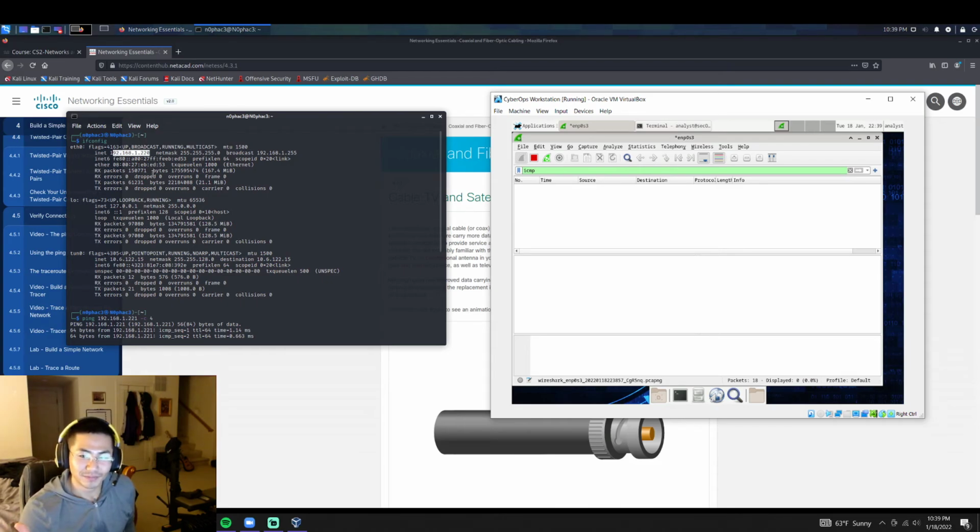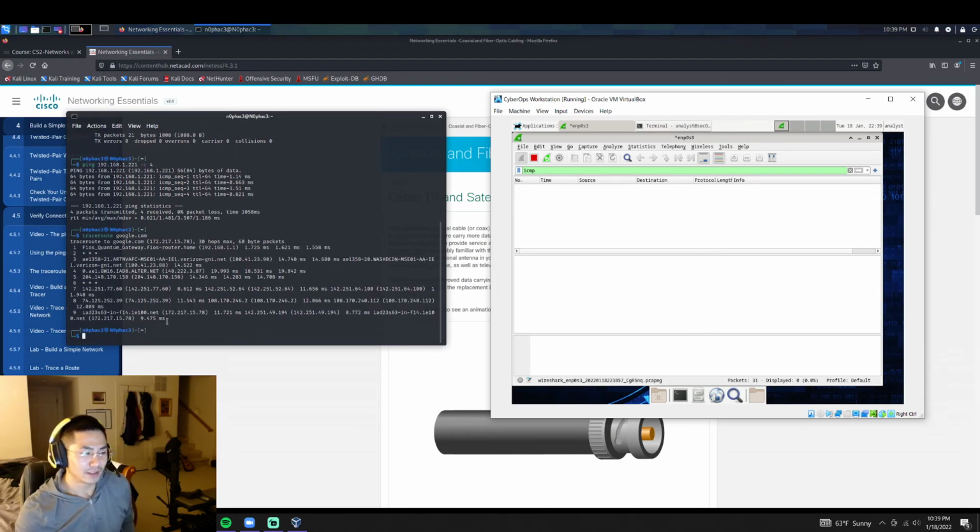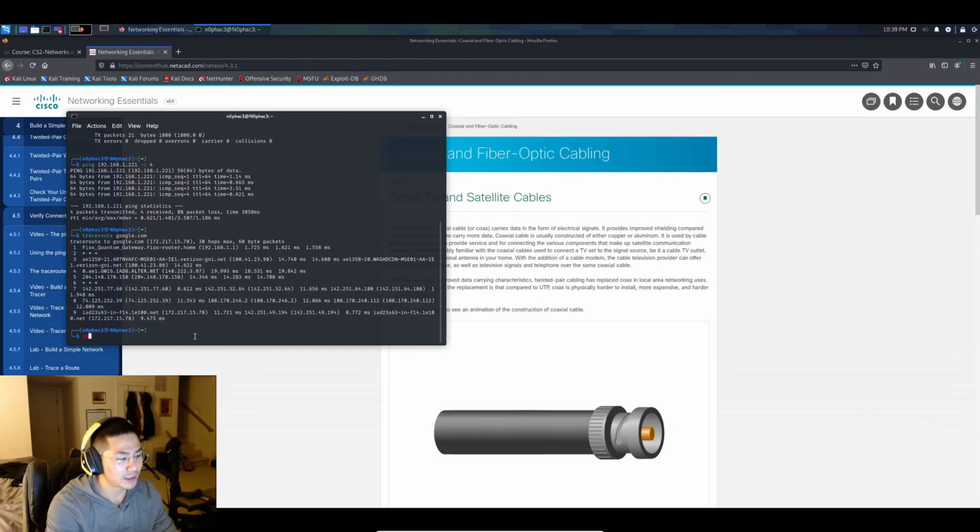There is a tool that can spoof my IP address, so that when I do ping, it won't know it's me. I can show you that real quick. It's called hping3, and the command is hping3.